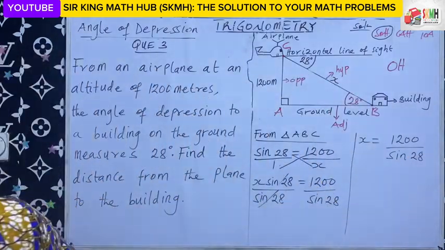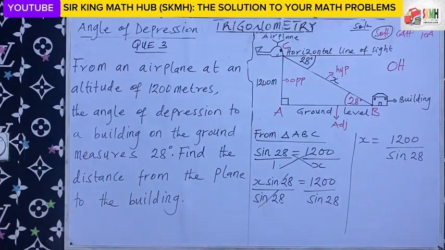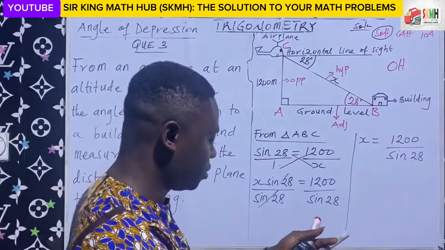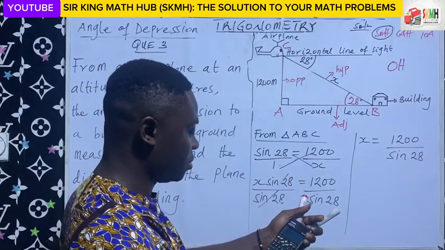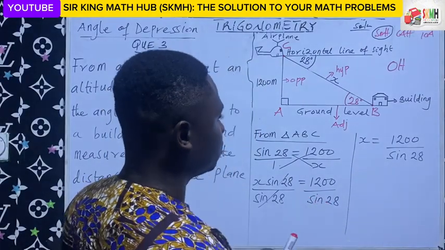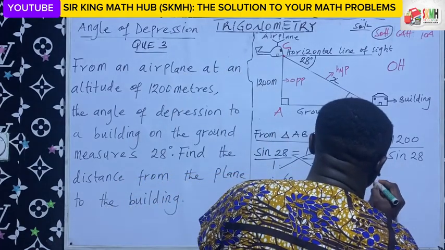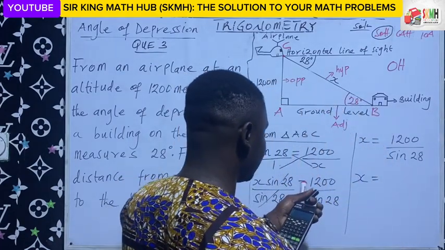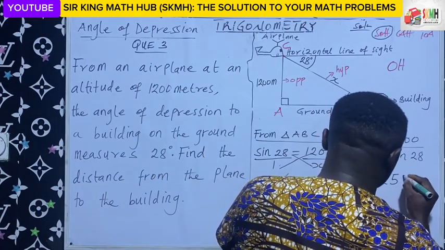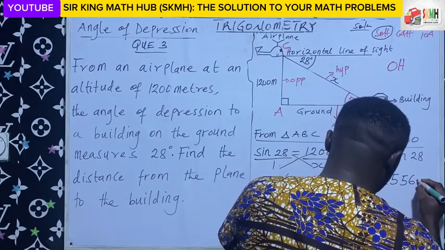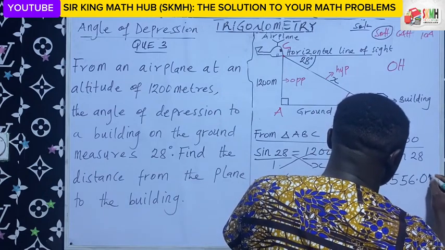The rest is calculator work. So from our calculator, what is 1,200 divided by sine 28? Okay, so to 2 decimal places, I'm having 2556.07.